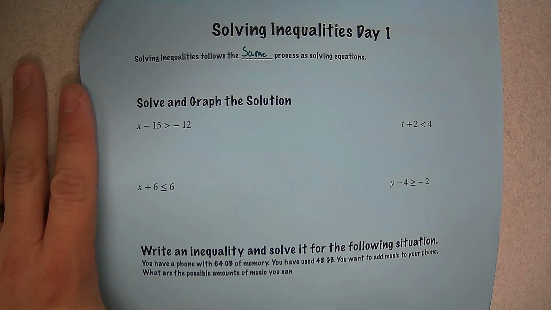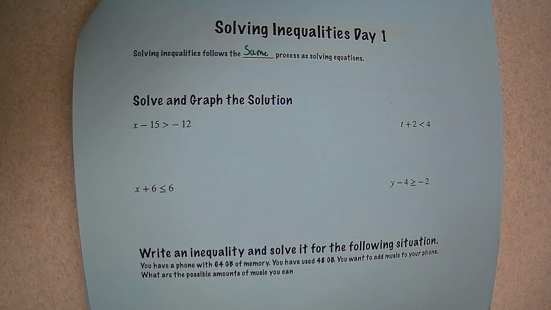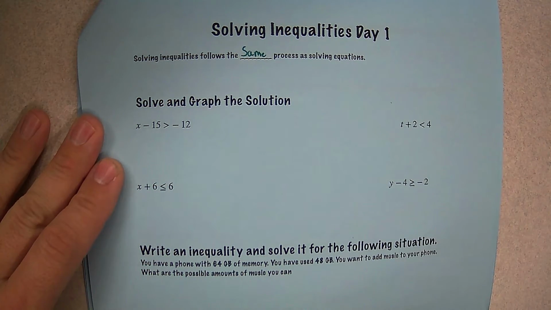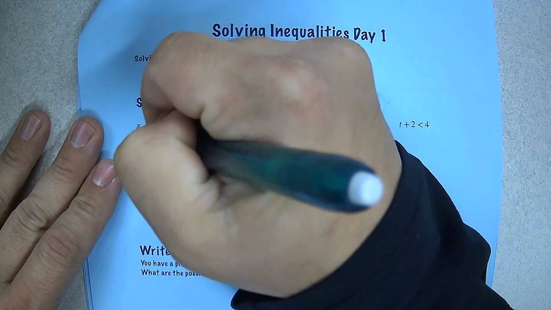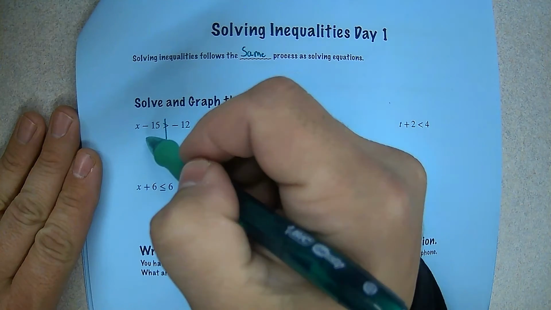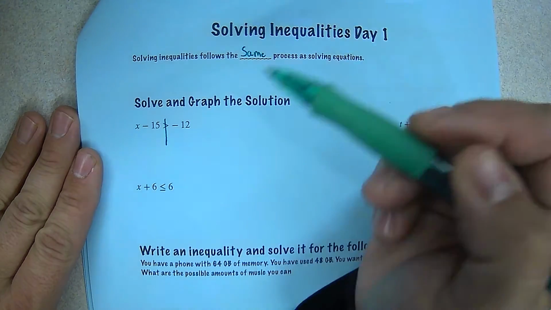So right here, I have x minus 15 is greater than a negative 12. Well, the greater than symbol, we just think of like the equal sign. We can draw our line right through that. And all we do is the opposite, just like before. So here I have a minus 15.